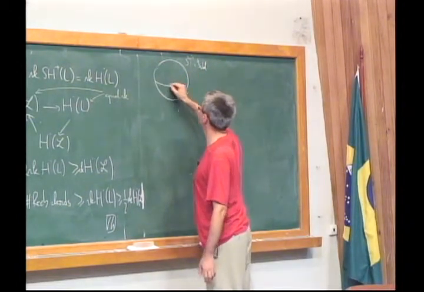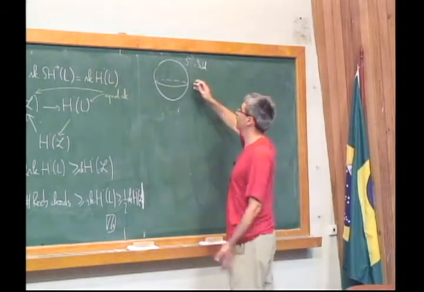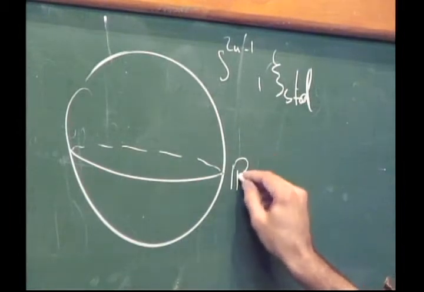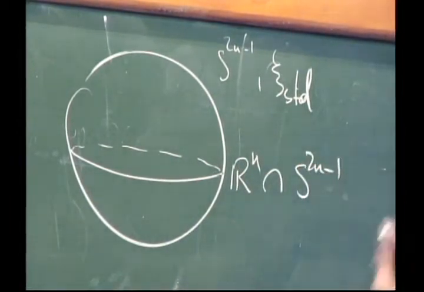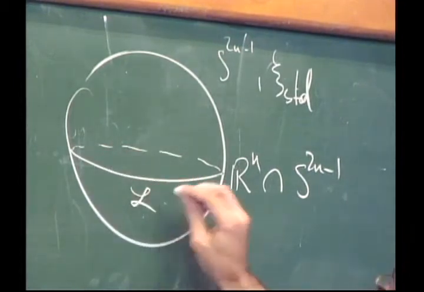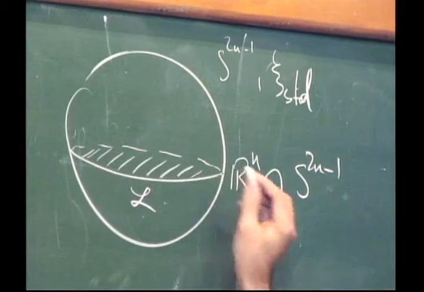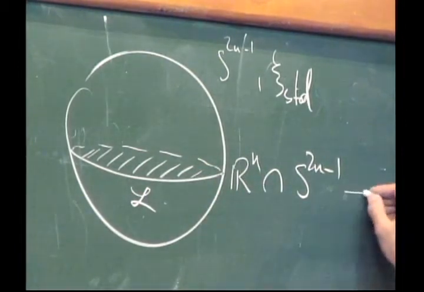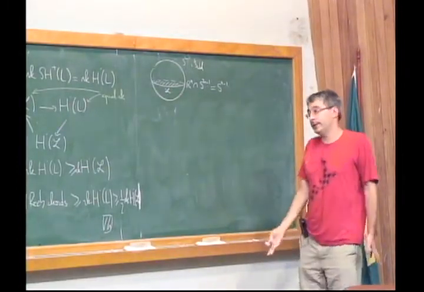You take this thing, it's going to satisfy the bound, but of course you can choose any contact form there. So that's R^n intersected with S^{2n-1}. That's L. And it is, of course, fillable, and even exact fillable by this guy. The rank of its homology, since it's a sphere S^{n-1}, is going to be 2, so you get at least 1.